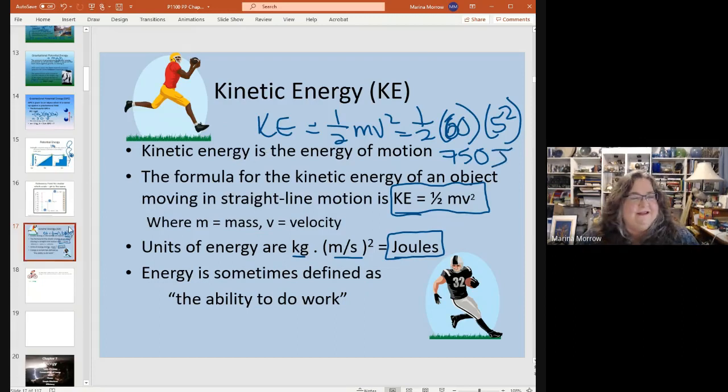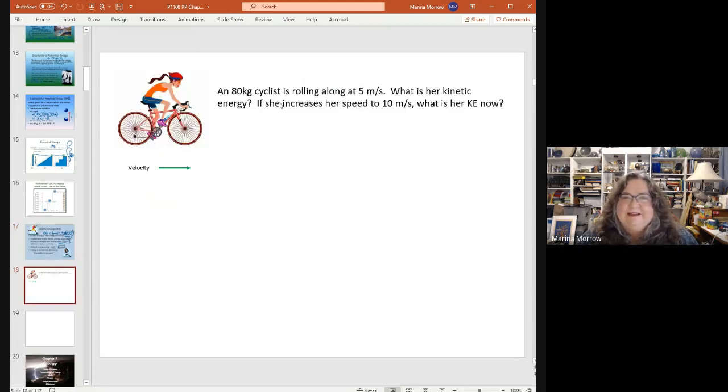Okay, let's go look at another problem. Again, here's a bicyclist. She's rolling along at 5 meters per second also. Very similar to what we just did. So what is her kinetic energy?